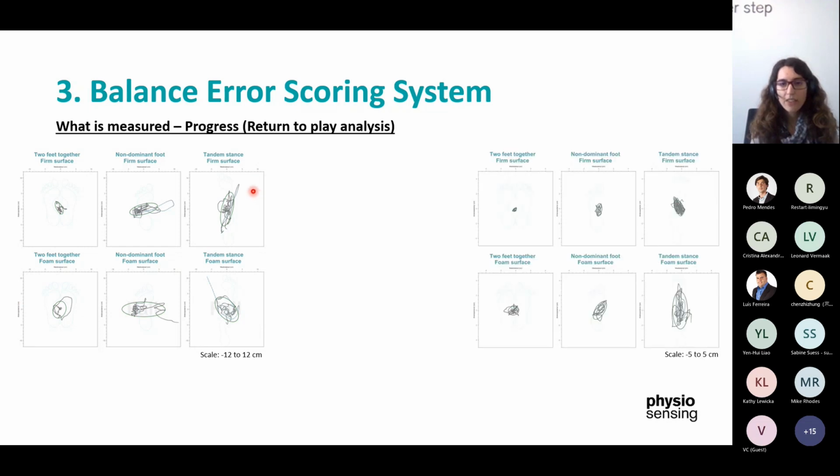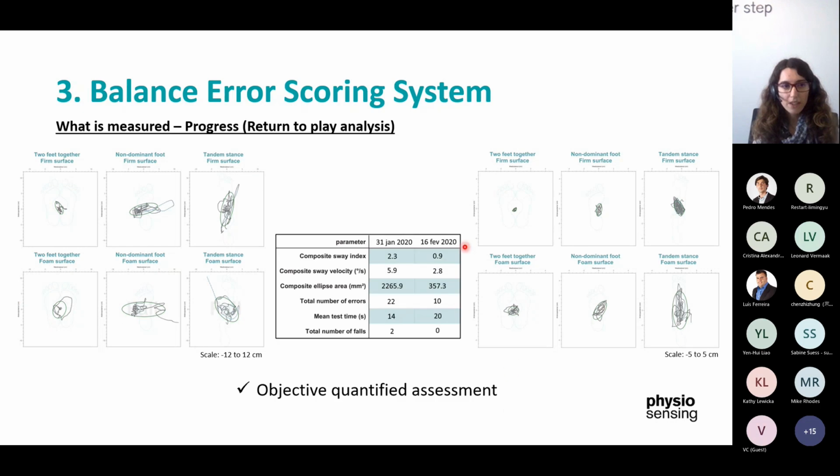Then here on the right side, after 2 weeks of rehabilitation, we can see that the center of pressure is much smaller, and we can see here the values that we calculate with our software. They all got much smaller, and you can even see the number of errors, which reduced from 22 to 10. So ideally, what we should have here is a baseline to compare.